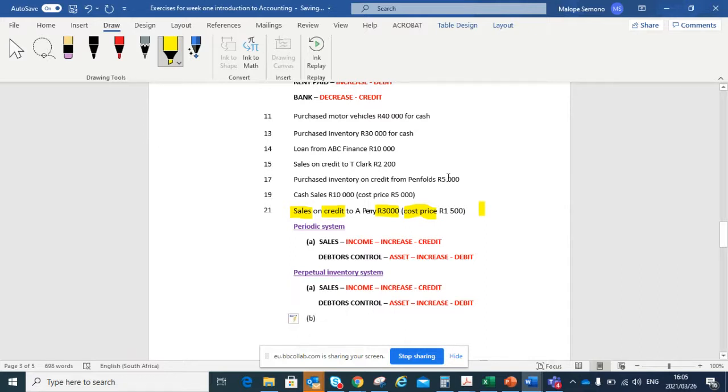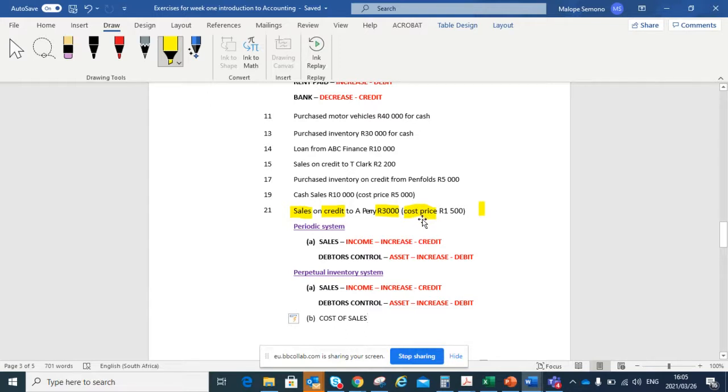Can you see? The B part will represent the cost price, meaning on this cost price, I must be able to come up with the two accounts. Because this is the cost price, the first account will be cost of sales. So cost price means cost of sales. Can you see now? But I need to ask myself a question.